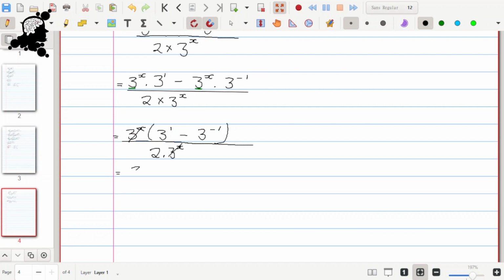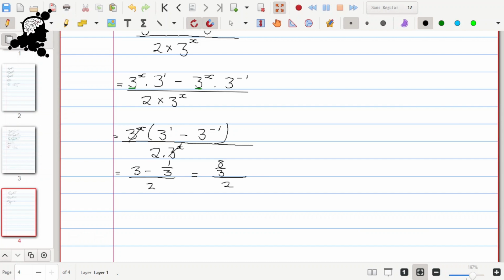Now we can simplify our expression. 3 to the power 1 is 3. 3 to the power minus 1 is 1 over 3, divided by 2. So let's simplify this. 3 minus 1 over 3, that's going to give you 8 over 3 divided by 2.